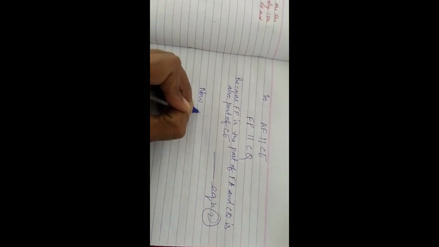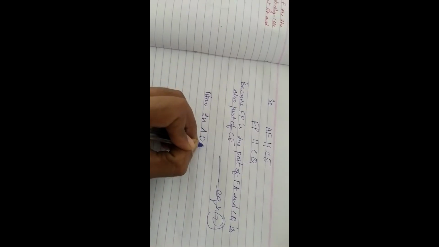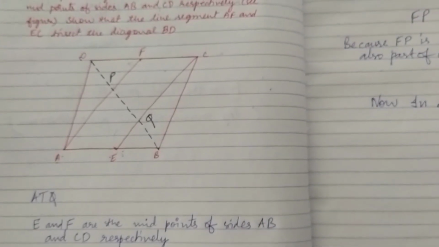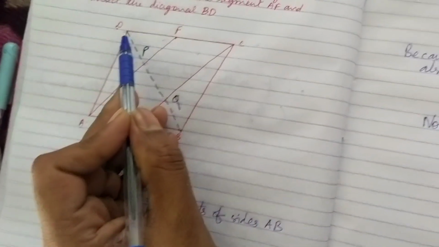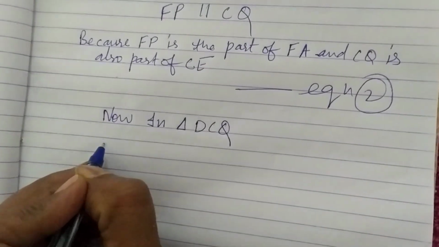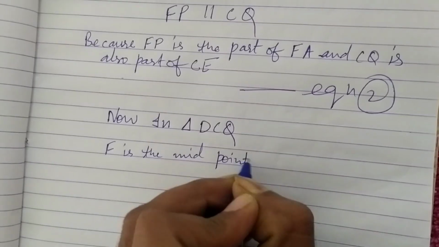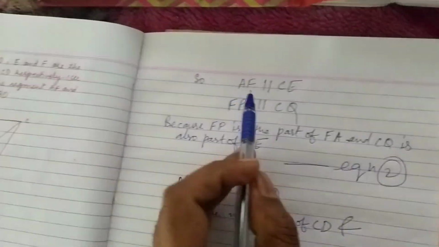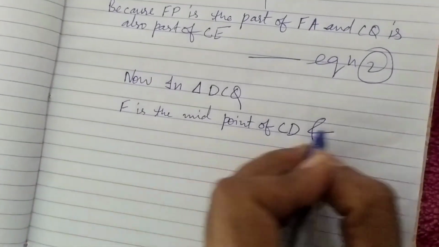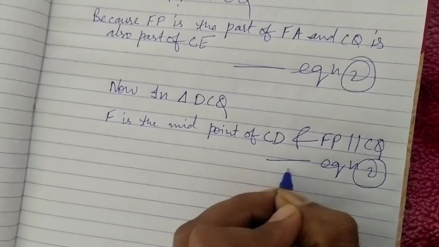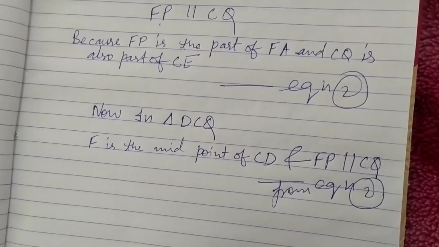Now, in triangle DCQ, F is the midpoint of CD and FP is parallel to CQ, from equation number 2.